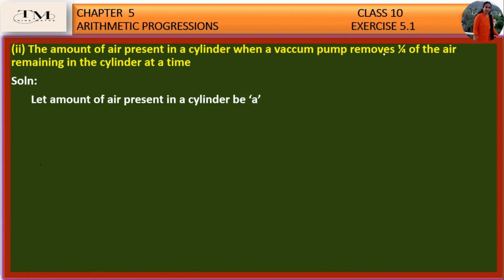From a, we have to remove 1/4 of a. So then A1 will be a. A2 is equal to, from a, we have to remove 1/4 of the air remaining in the cylinder. How much is remaining? It is a that is remaining.